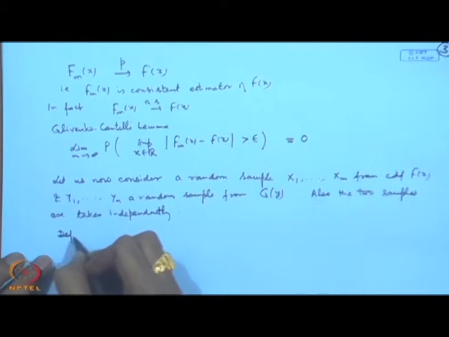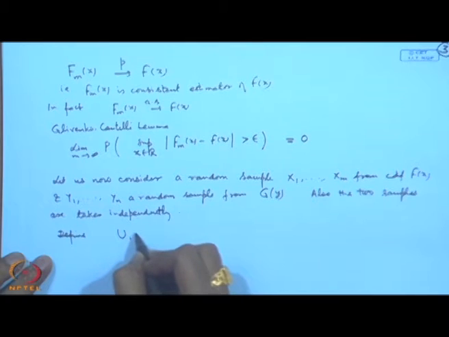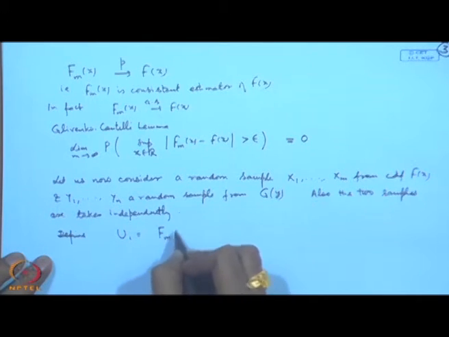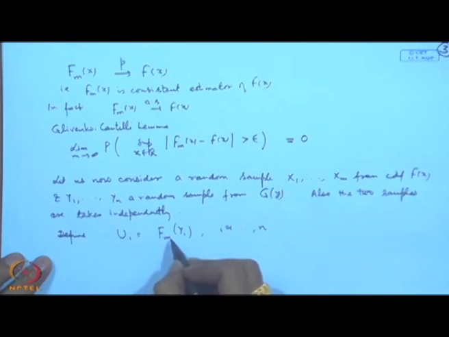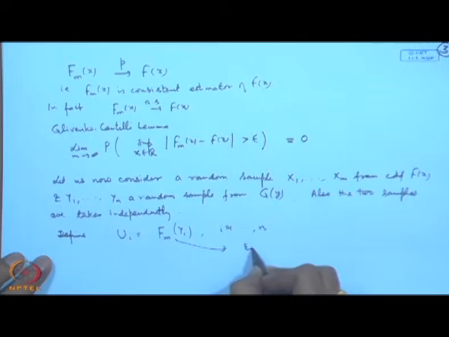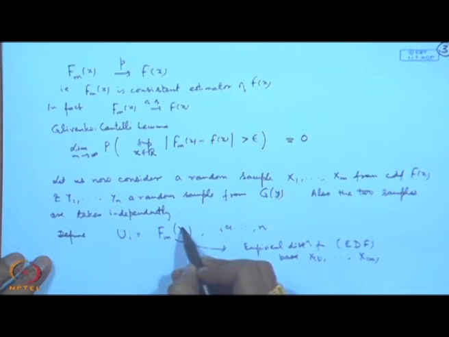Now, based on this I consider the empirical distribution function here. So, U_i I define to be F_m(Y_i) for i equal to 1 to n. Now, this F_m is the empirical distribution function, I will use the term EDF, based on X1, X2, ..., Xm. But in the argument I am substituting Y_i here.